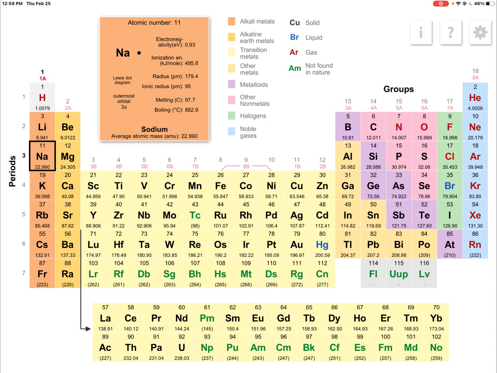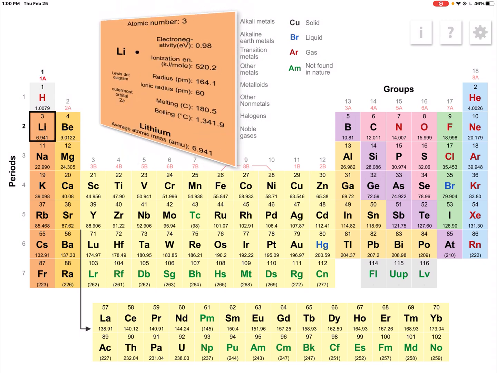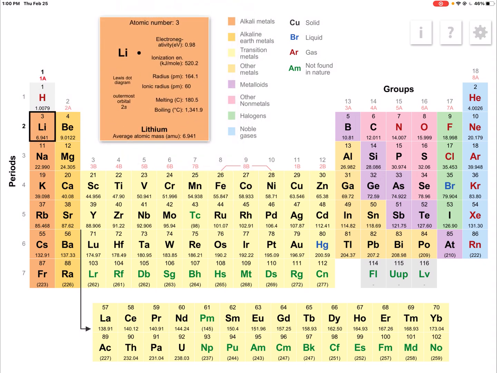Like if we have HCl, H is 1.01 grams per mole, Cl is 35.45 grams per mole. We would add those together to get the molar mass of HCl. These atomic masses we can also call molar masses. If we're talking about 1 atom, 1 element, we call it atomic mass. If we talk about a compound, we call it molar mass. But to make things easier, I always use the term molar mass.